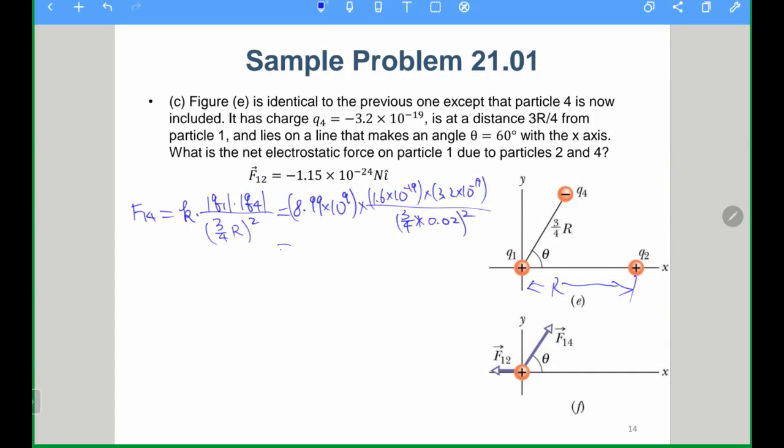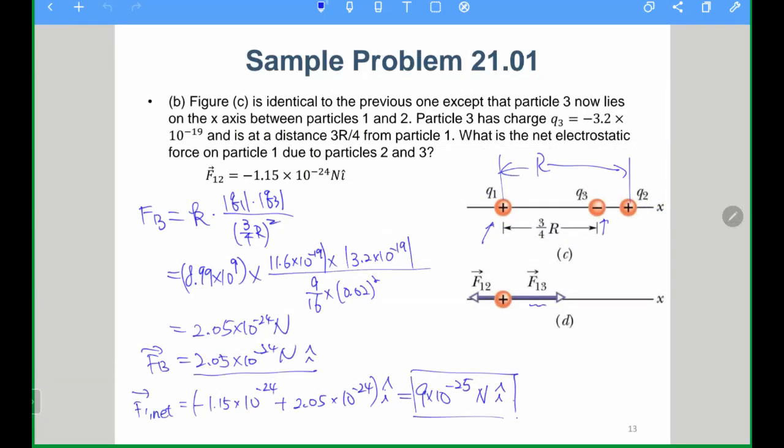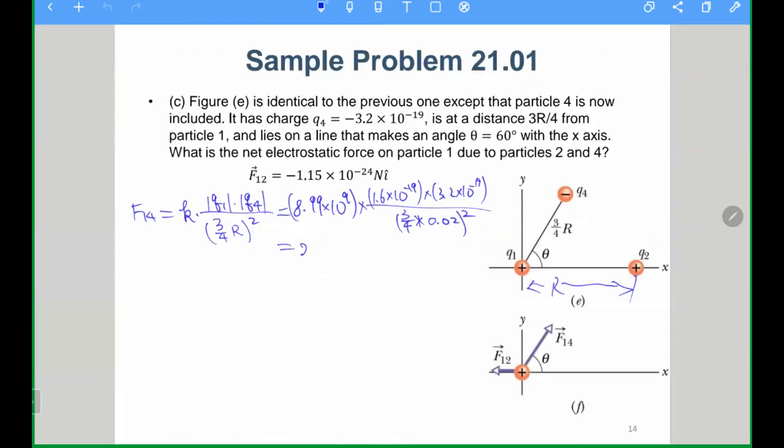So actually the values should be the same. The magnitude of the force F14 should be the same as F13, which is 2.05 times 10 to the minus 24 Newton.